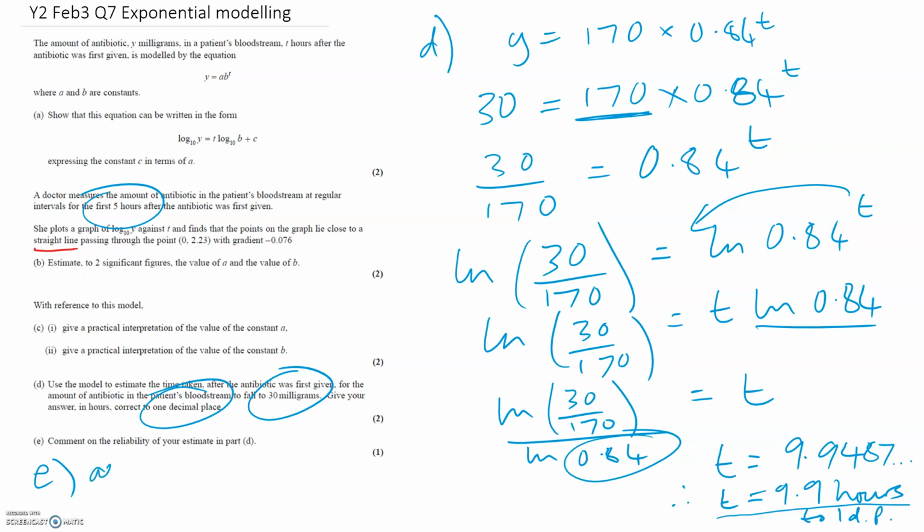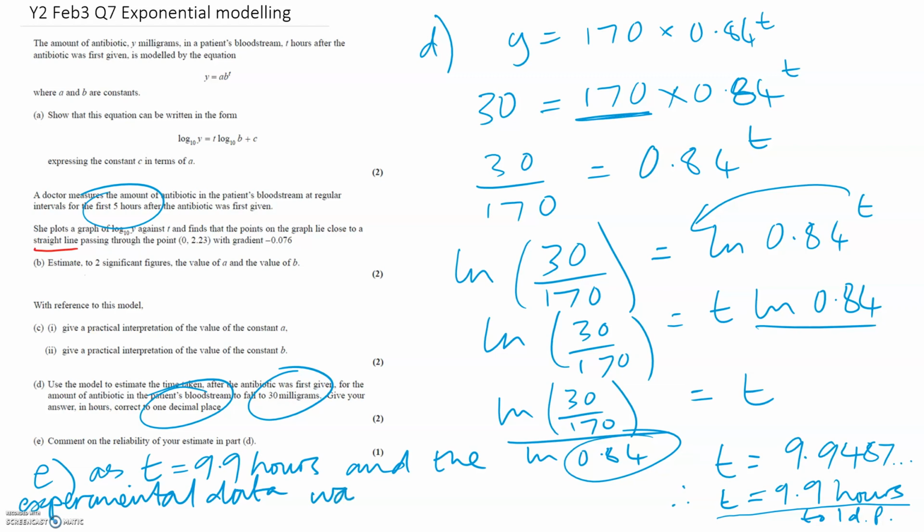I would say something like: as the time is 9.9 hours, and the experimental data was between 0 and 5 hours, that's way beyond the experimental data period, so it's extrapolation.